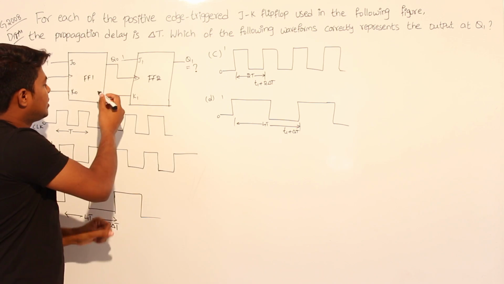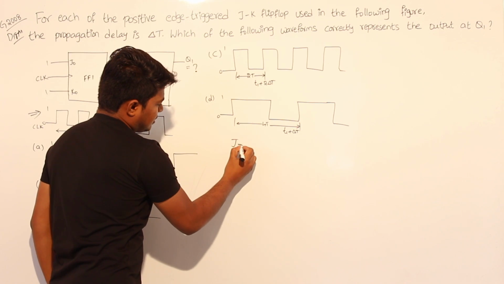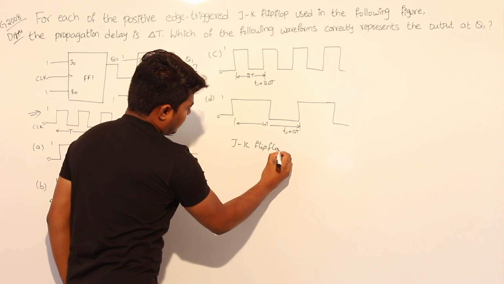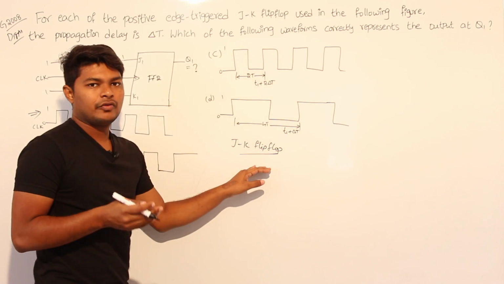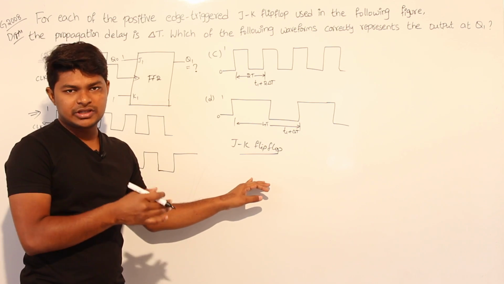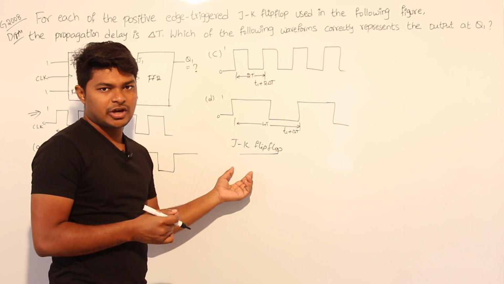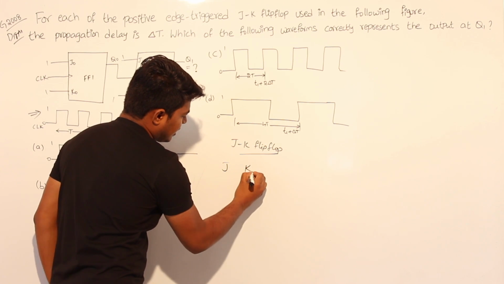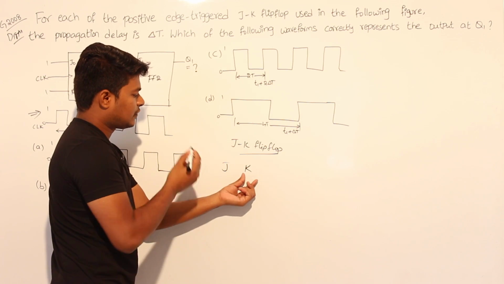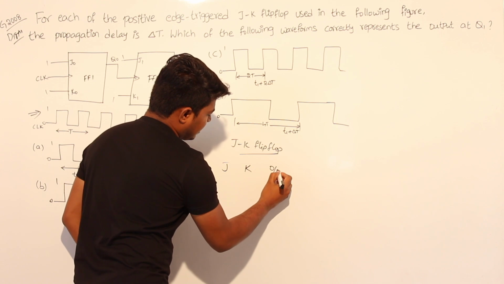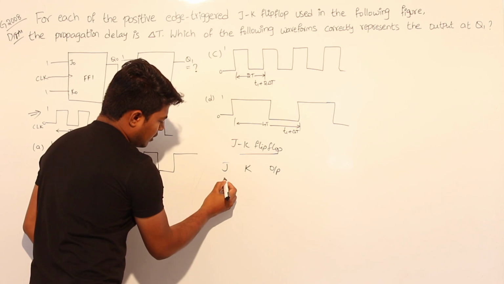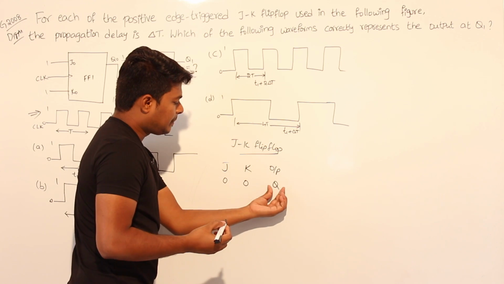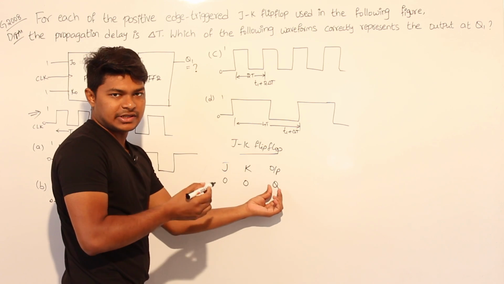Now coming to the JK flip-flop. Before starting the question, we should know the truth table of the JK flip-flop. Now I will write the truth table. This is J, this is K. J and K are the inputs for the flip-flop and this will be the output. If both inputs are 0, output will be the present state. Here Q represents the present state.